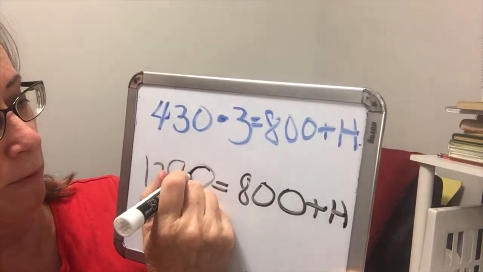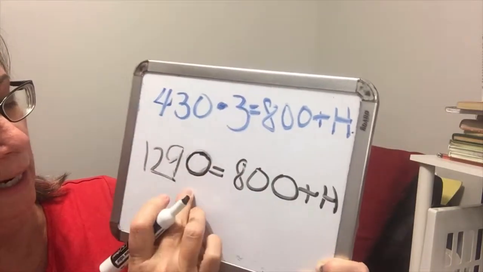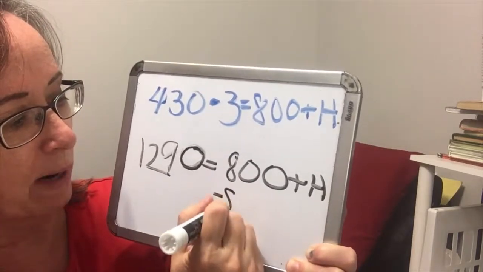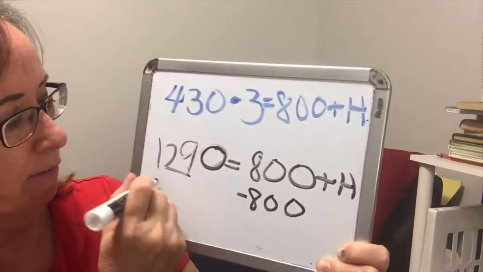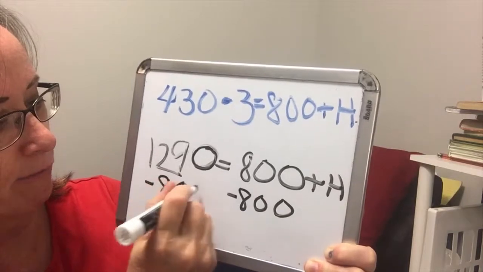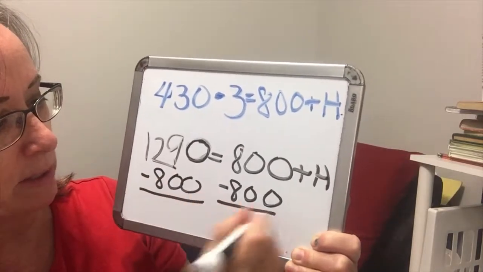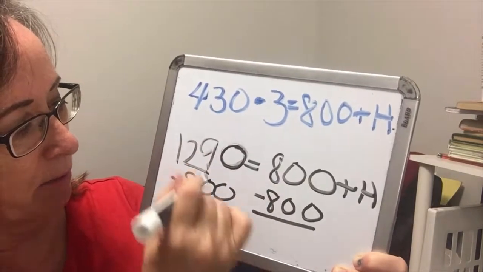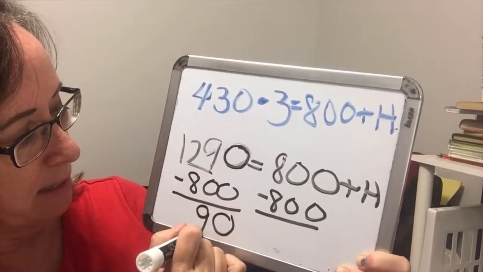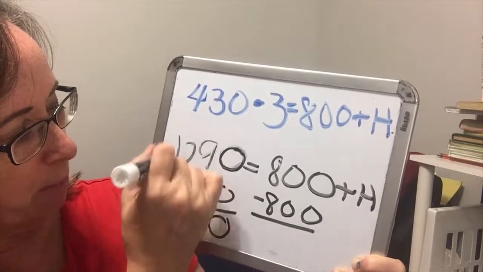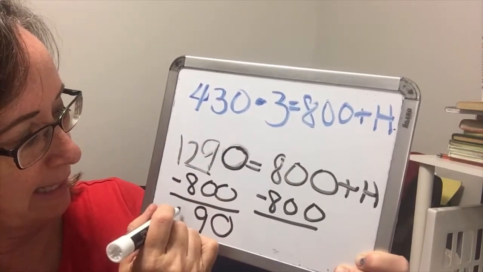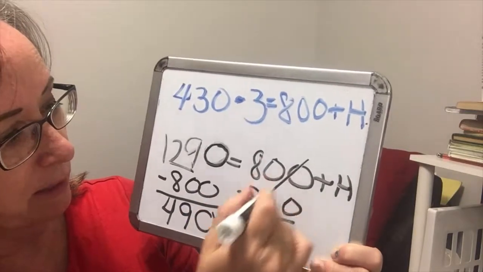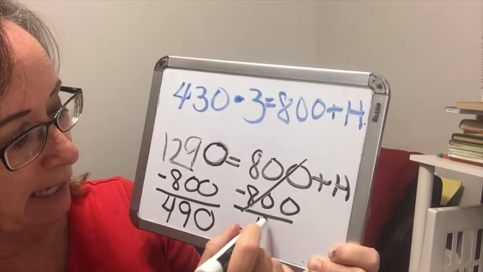So if we know that 1,290 is equal to 800 plus h, can we subtract the 800 from both sides to find out what the h is going to be? Okay, so 0 minus 0 is 0, 9 minus 0 is 9, and then we borrow, and 12 minus 8 is 4. And then this one goes out, we're left with h.